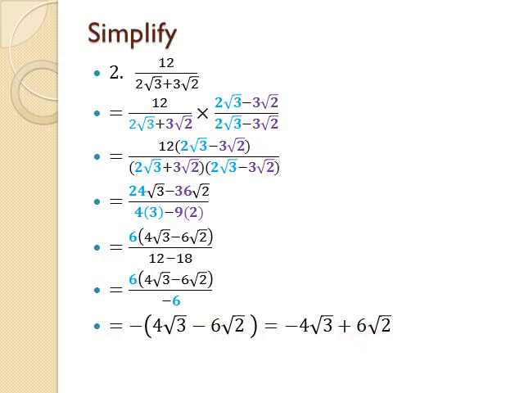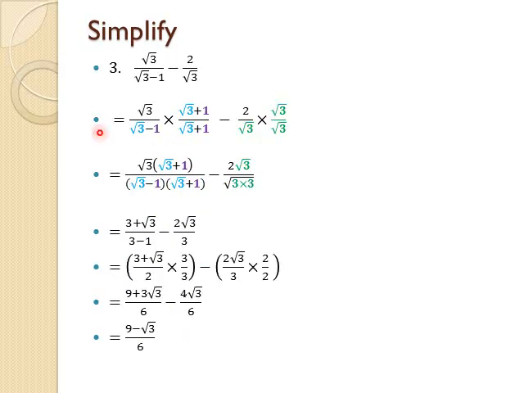So that's basically the two ways we rationalize, and we can make it one sum. So you'll see in number 3, we're going to solve now one sum where we give you a whole expression that has 2 terms and 1 term. So in problem number 3, now I have square root 3 divided by square root 3 minus 1, minus 2 over square root 3.